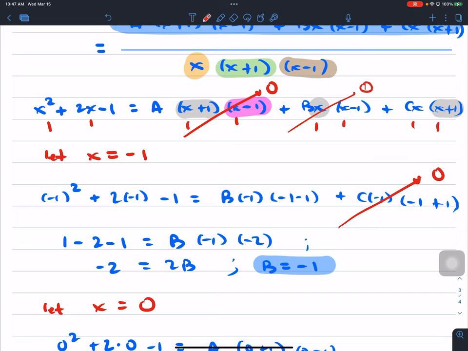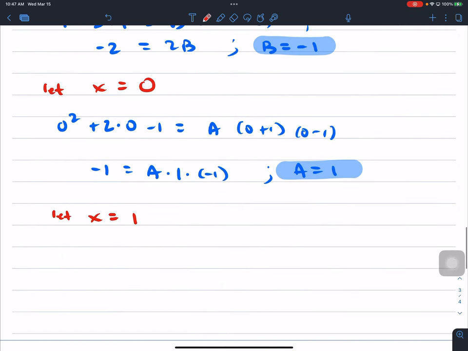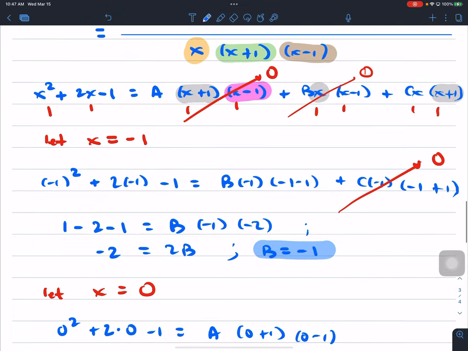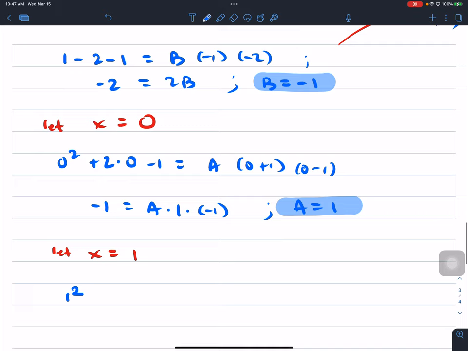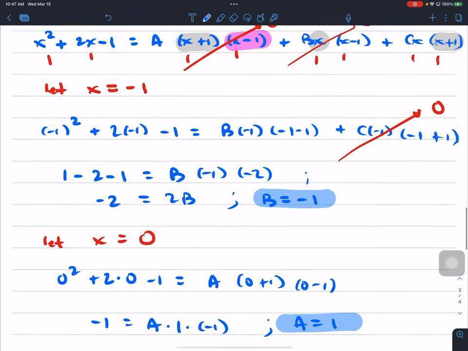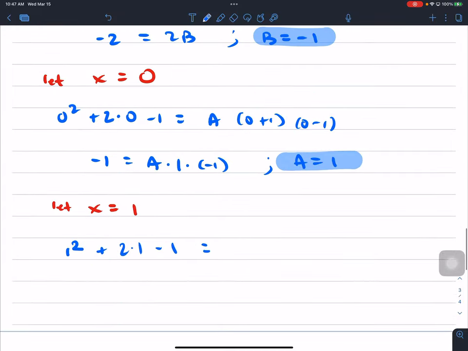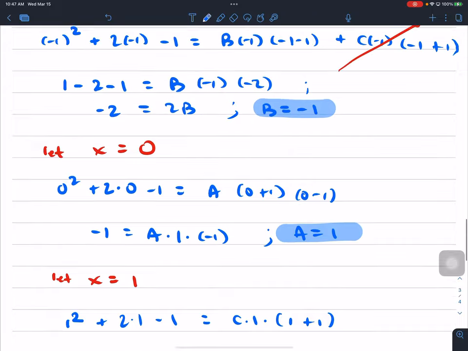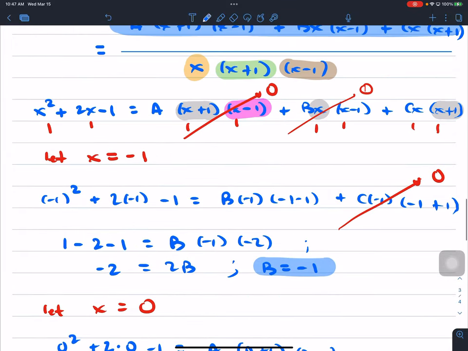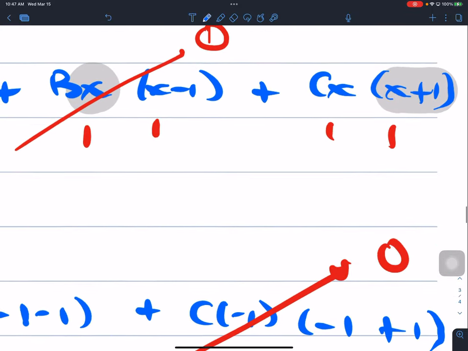And I'll get c now. Here's what I'll get: 1 squared plus 2 times 1 minus 1. Is that right? And then I get c times 1 times 1 plus 1, because x is 1 here.